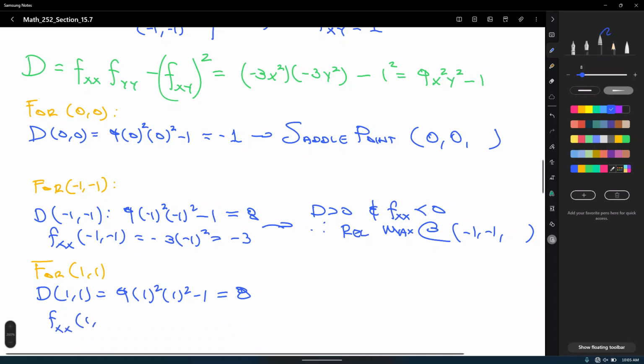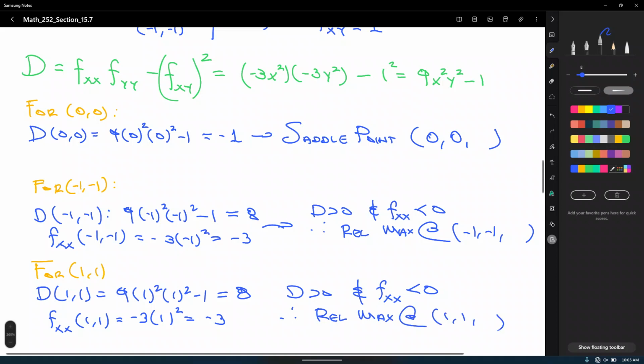F double x at 1, 1 equals negative 3 times 1 squared, which is negative 3. And again, what do we have? Another relative maximum, because D is greater than 0 and f double x is less than 0. Therefore, we have a relative max at the point 1, 1, whatever the z value.